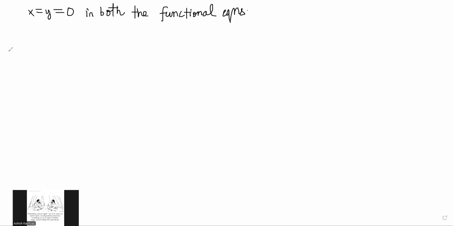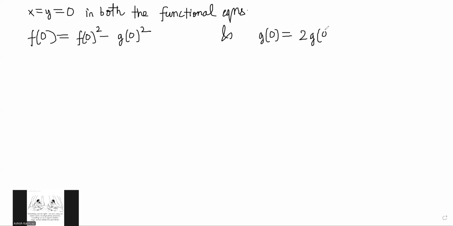So what we are going to get is f of 0 is equal to f of 0 square minus g of 0 square. And from the second one, we are going to get g of 0 is equal to 2 times g of 0 f of 0, right? Now, there are two variables here.